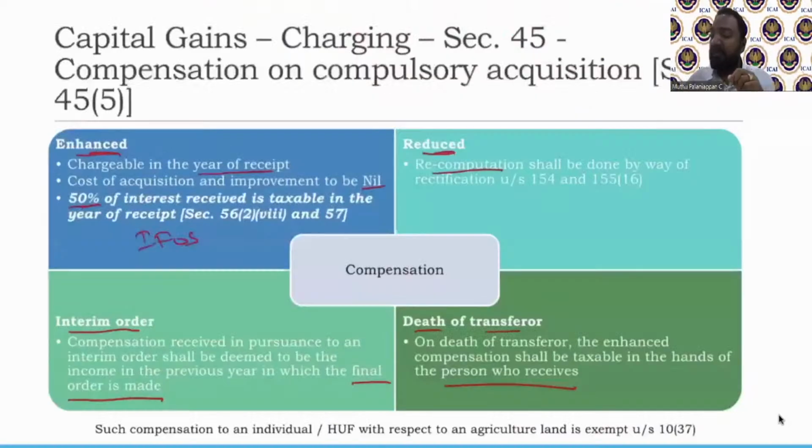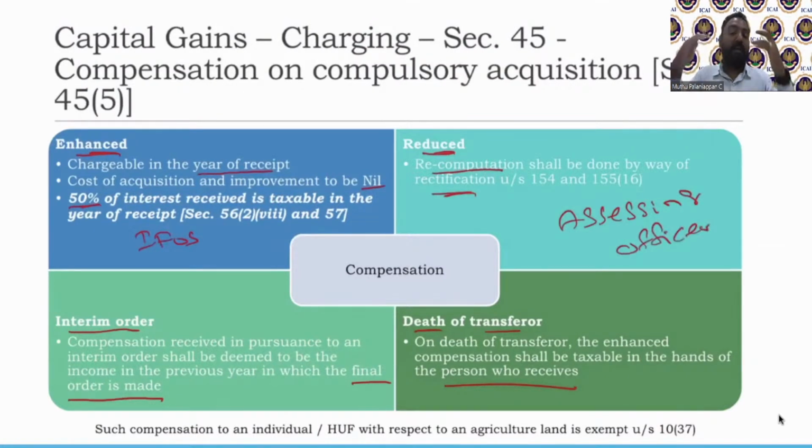So I file a rectification petition before the assessing officer and say, I was told that it is 15 lakhs, but now they are saying it is only 10 lakhs. So please reduce 5 lakhs from my income and refund me the extra tax paid on that. So this is called reduction.